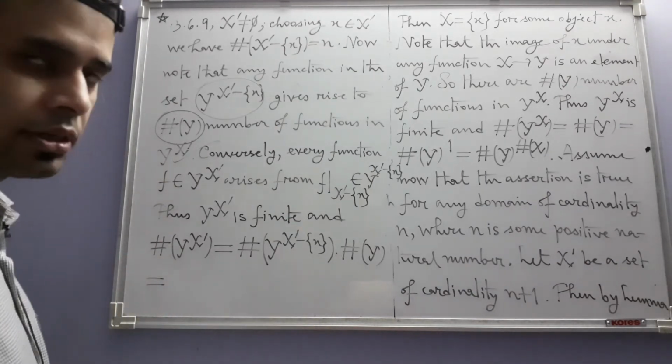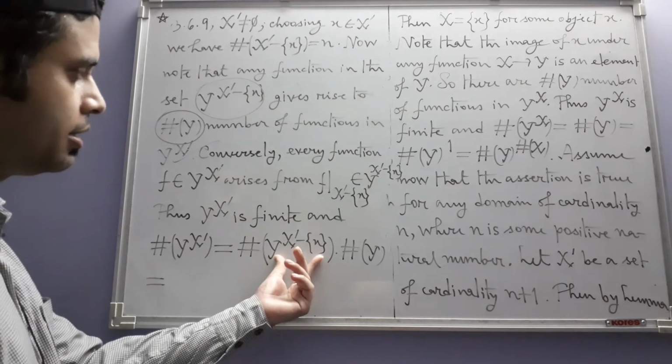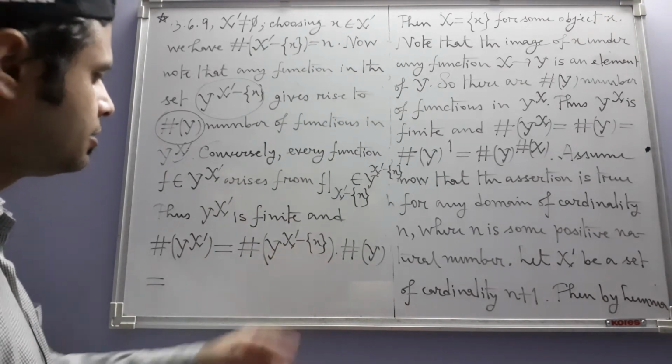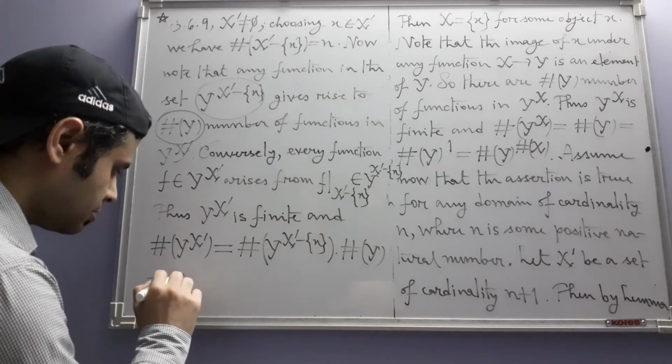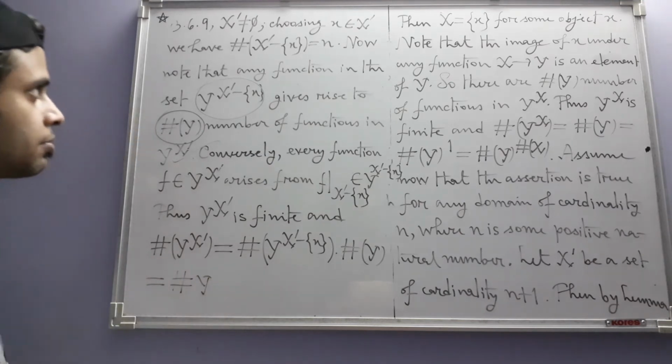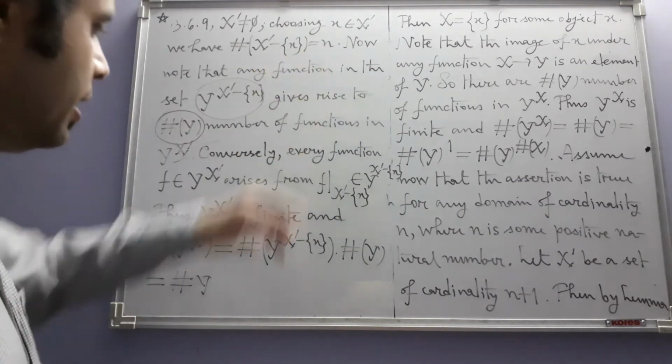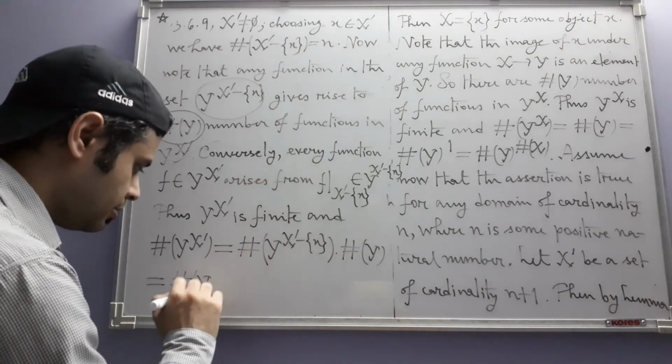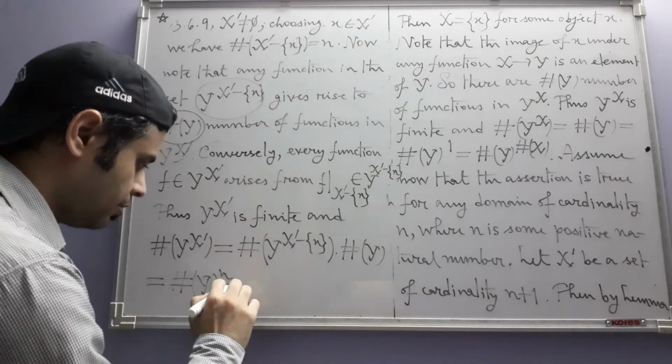By the induction hypothesis, this set is finite and its cardinality is this. Since this is n, its cardinality is this to the power n.